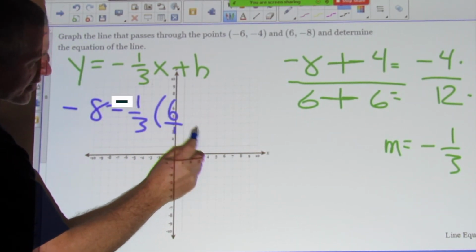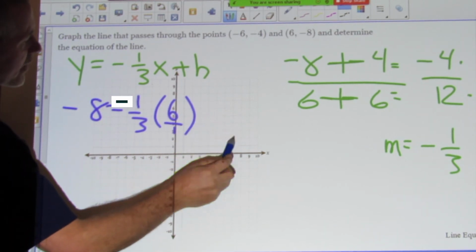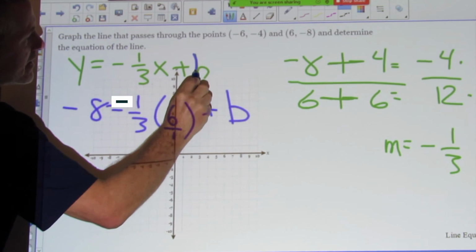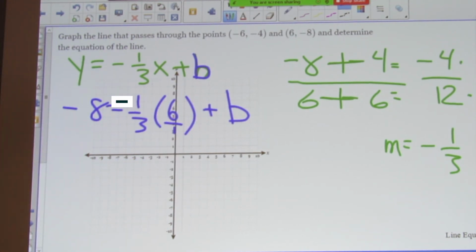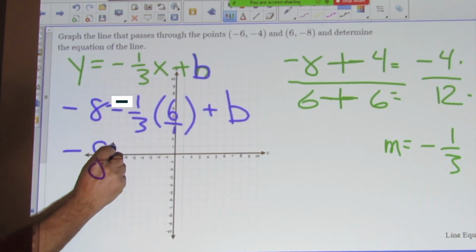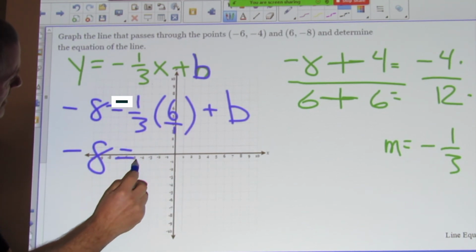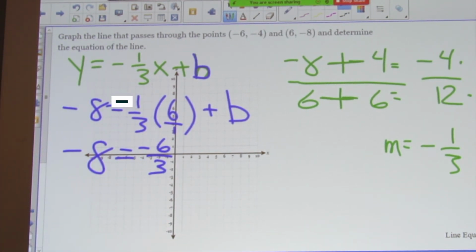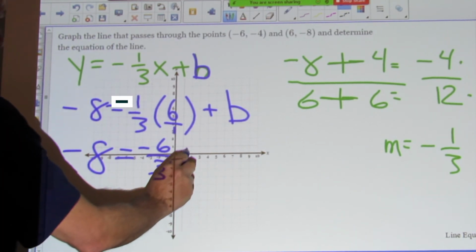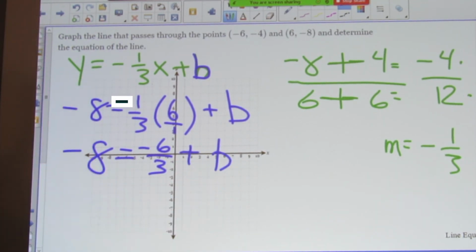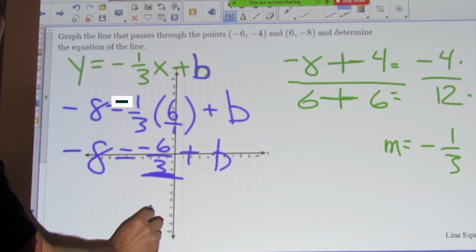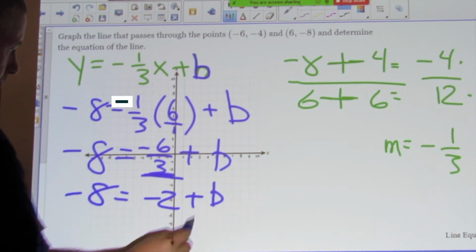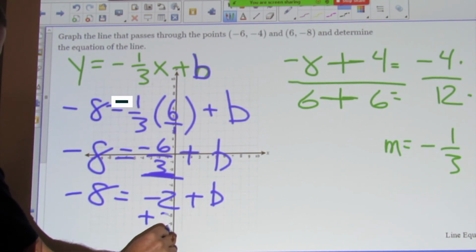Put that 1 under it. Great habit for multiplying whole numbers times fractions. That almost looks like an H, but it's a B, of course. We're solving for B. We have negative 8 equals negative 6 over 3 plus B. This simplifies to negative 2.